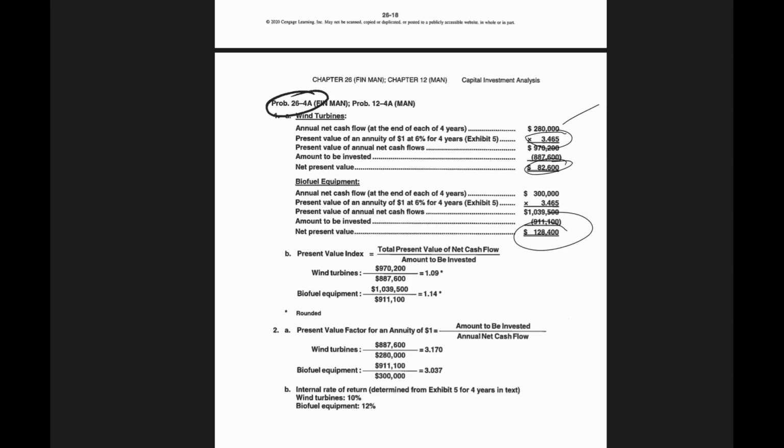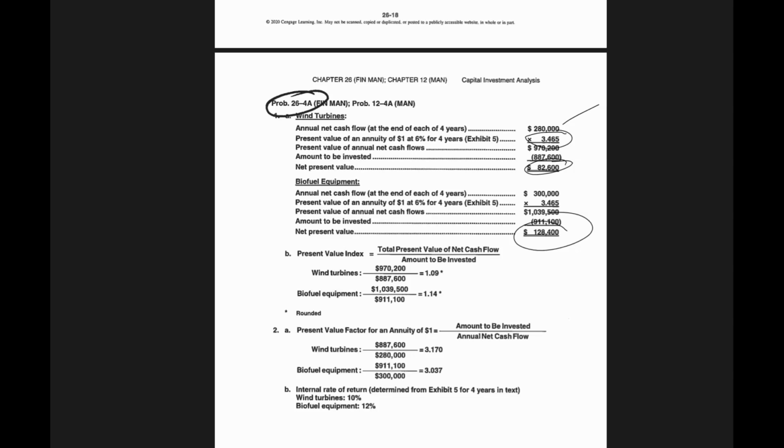Letter B, it just reads, determine the internal rate of return for each project, computing a present value factor of 1 and using the present value of an annuity table in Exhibit 5. So first, the present value factor. Excuse me, let me step back here a minute. In Part 1, we calculated the net present value.